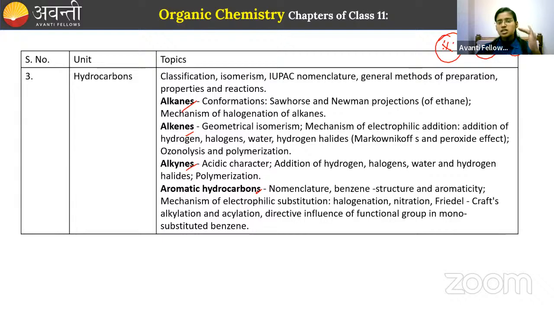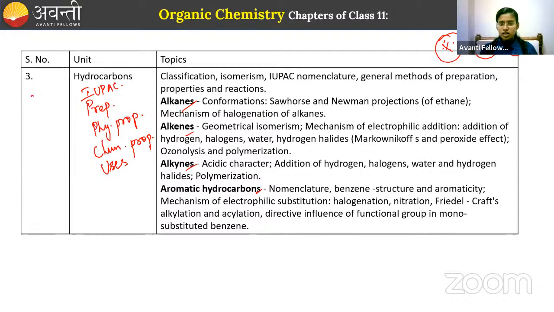So for each category, you will study the preparation. Okay. You will study the properties. First of all, we'll study about the physical properties. Then we will study about the chemical properties. Okay. Then we will study the uses. And in the beginning, we will study the IUPAC nomenclature of the given class of compounds.